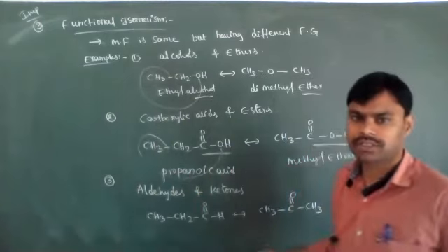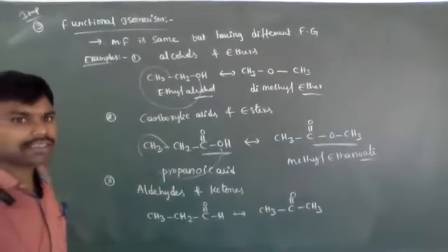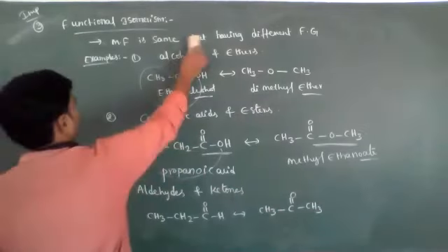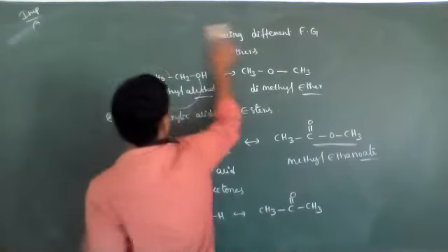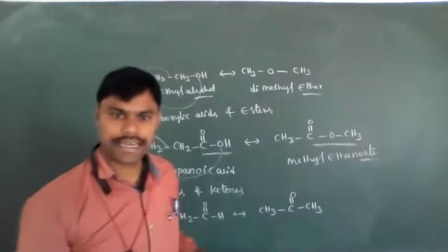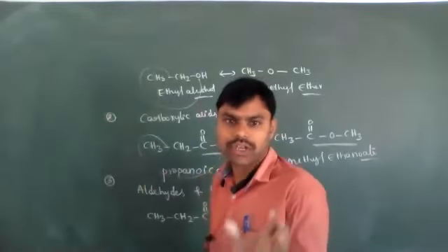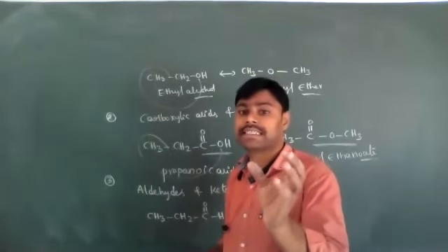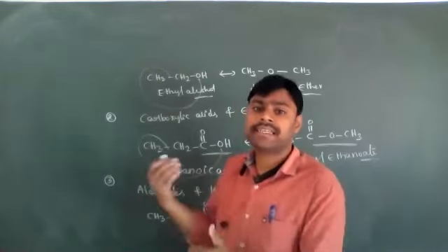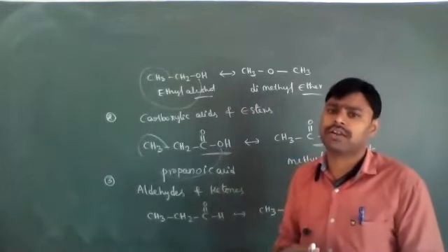Okay, anybody have doubt? I will give you some other examples also. Another one is cyanides and isocyanides. Cyanides and isocyanides also we have to consider as functional group isomers. Cyanide means CN, isocyanide means NC. Both are different functional groups but have the same molecular formula.